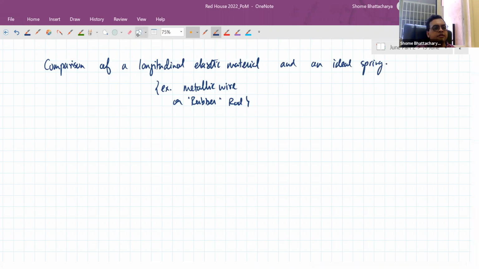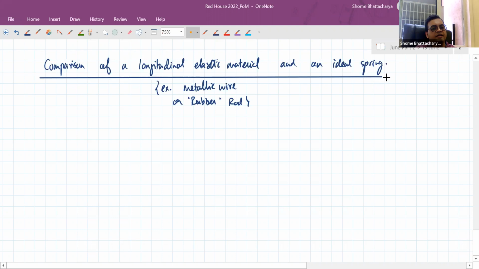And we can see that we can do a direct comparison between the properties of these two kind of things.